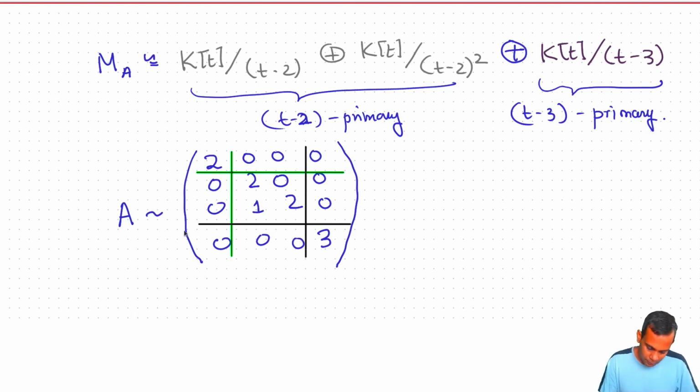So this upper left 3 by 3 is the 2 primary part. This thing here is the 3 primary part. And the 2 primary part has two parts, one Jordan block of size 1, and another Jordan block of size 2.